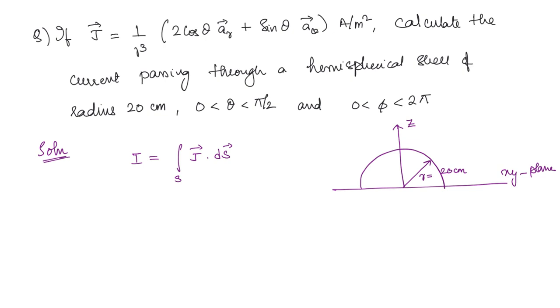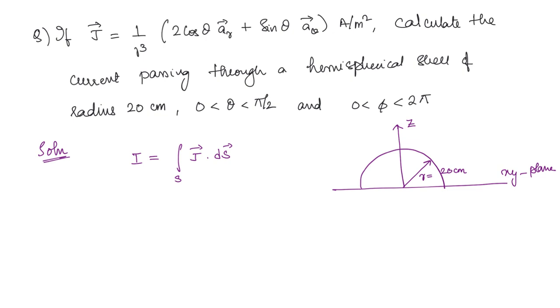Even the J bar current density is given in the spherical coordinate system, so we can easily use it. What will be the vector direction of this ds bar? The vector direction will always be radial, so it is AR bar. ds bar will always have the direction AR bar.